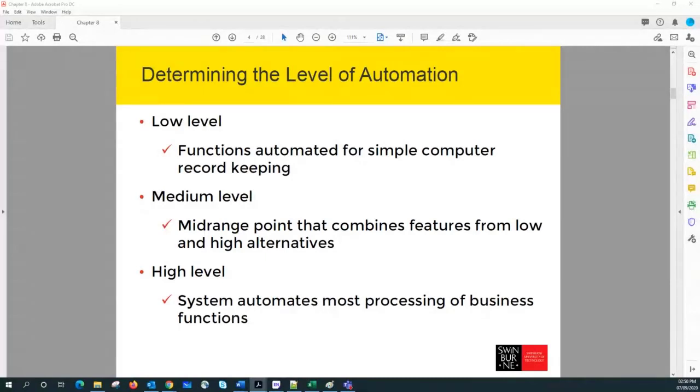And then the middle level, or medium level of automation, for each function means the mid-range point among the various alternatives, right? Usually the mid-range level of automation is a combination of features of the high level and the lower level alternatives.